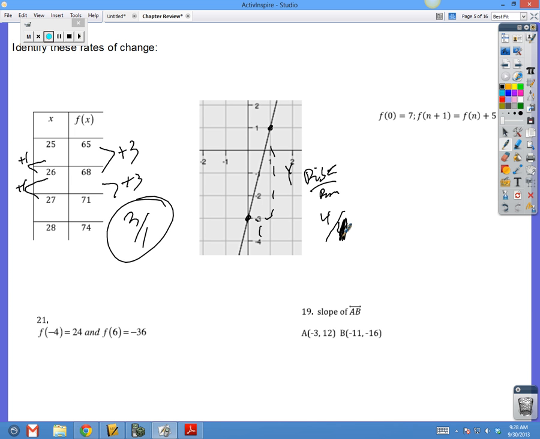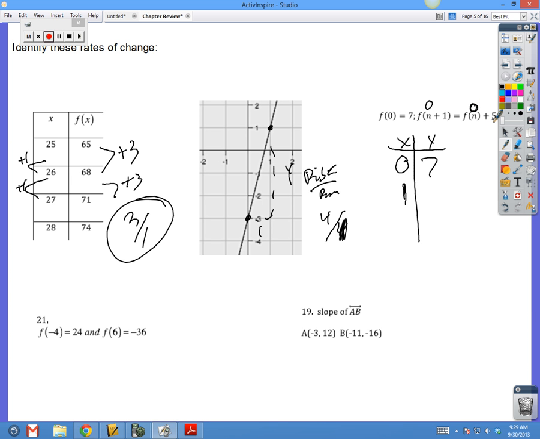Okay, this one right here is good. If the x is 0, the y is 7. Now, if I put a 0 in here, it says the answer at 0 plus 1, so the answer at the next one, the answer at 1, is the answer at 0 plus 5.